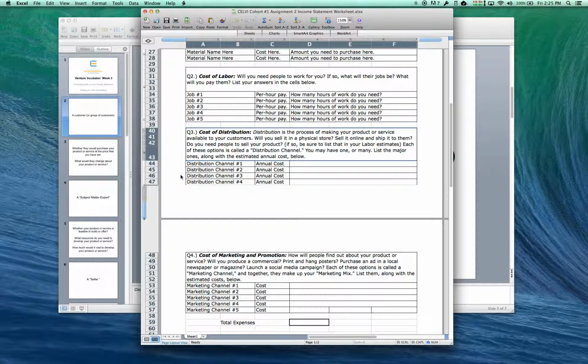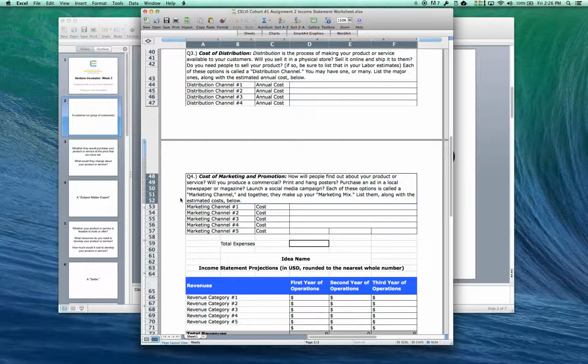If you're providing a service, how are you going to get the people to and from the place where they're providing the service? Each of these options is called a distribution channel. You may have one or many. List the major ones along with the estimated annual cost in these boxes here.